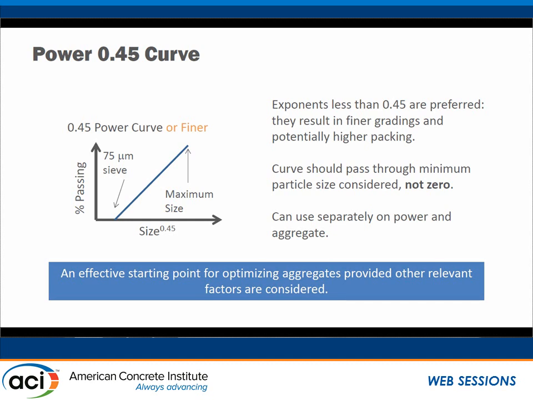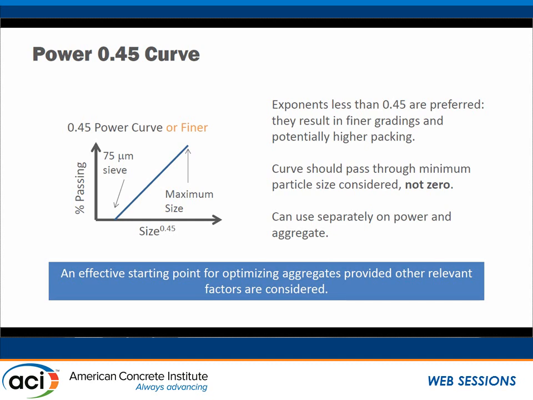Again, we want the curve to be a straight line. So mathematically, if you calculate this out, the line should be straight. If you cut at a certain size, so if you say 75 micron and above, and then 75 micron and below, you would have basically a straight line from 100 to 0, and then another straight line for the smaller size below. And so this is really an effective starting point for aggregates.